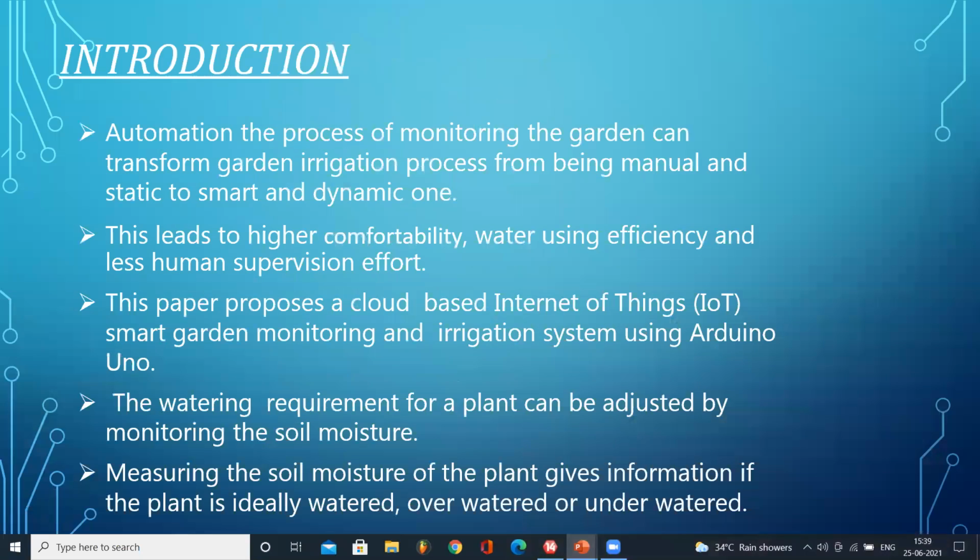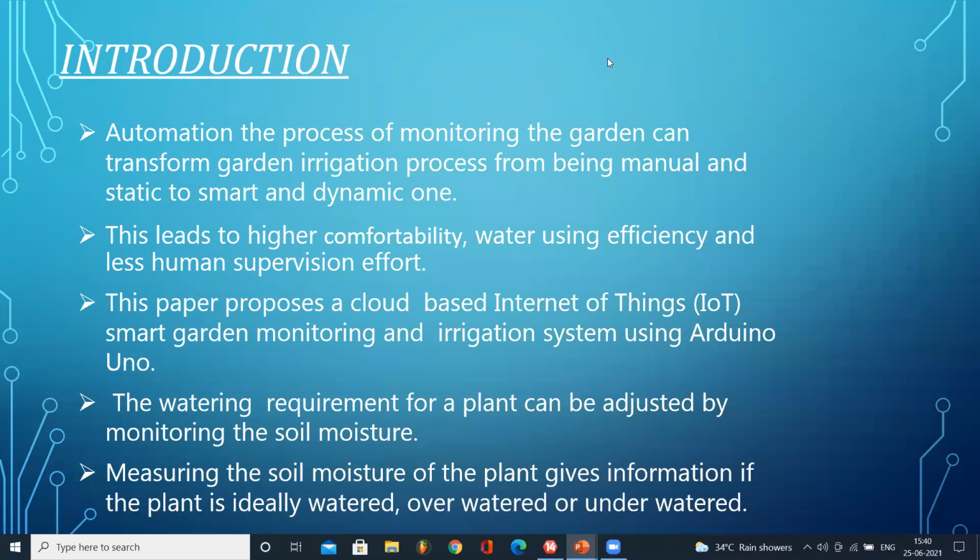Now, what is automation? Automation is the process of monitoring the garden, which can transform the garden irrigation process from being manual and static to smart and dynamic. This also leads to higher comfortability, water using efficiency, and less human supervision effort. This project proposes a cloud-based Internet of Things smart garden monitoring and irrigation system using Arduino UNO.